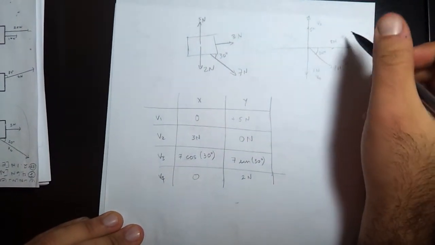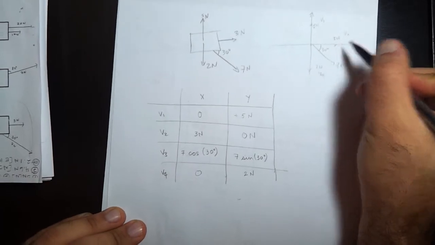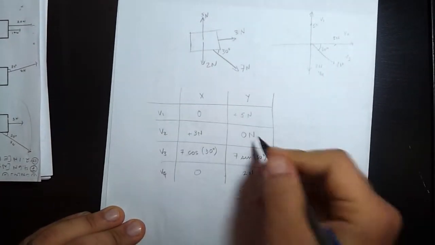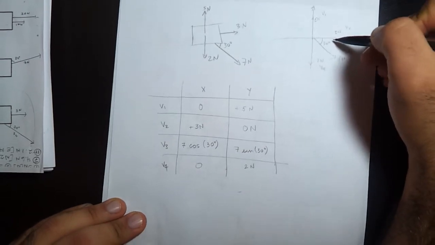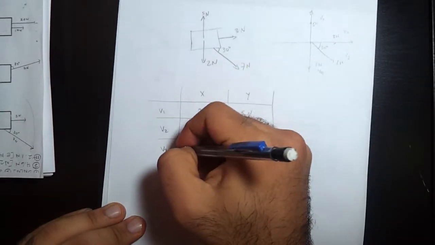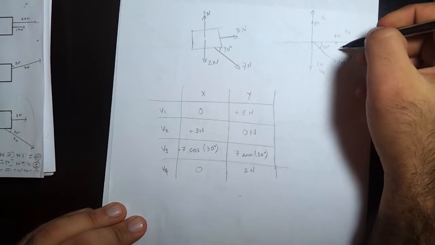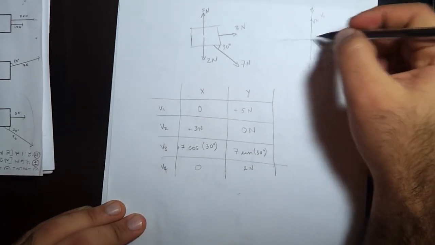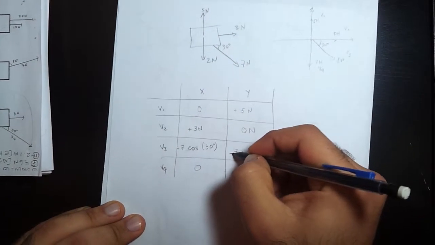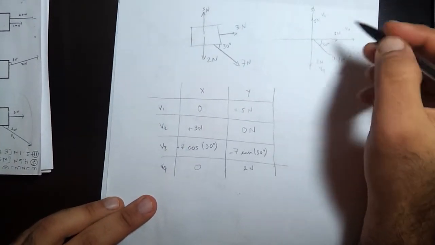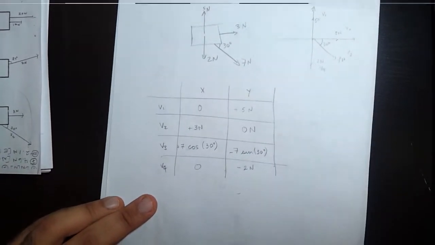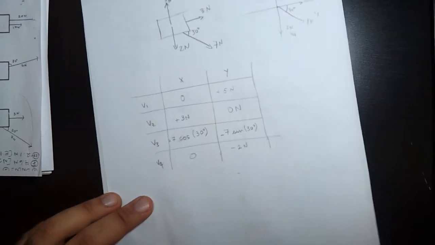In vector 2, you're going in the positive x direction, and you have no y direction. In vector 3, you have a positive x direction, but a negative y direction. See how it goes underneath that x-axis? And for vector 4, you're going again underneath the x-axis, so it's negative. This will make adding up the vectors much easier.